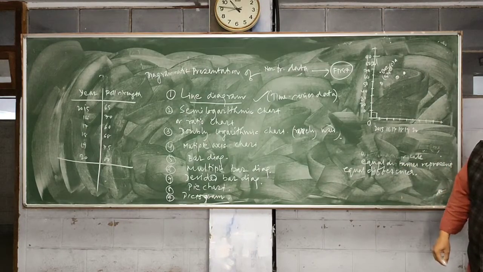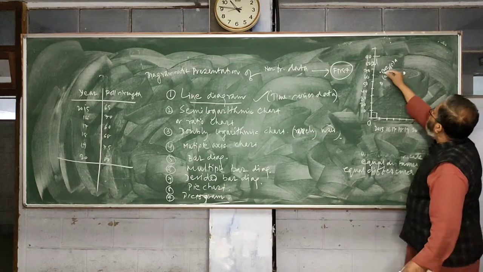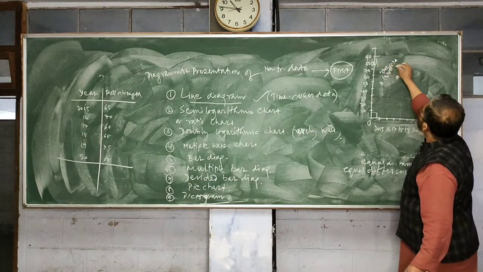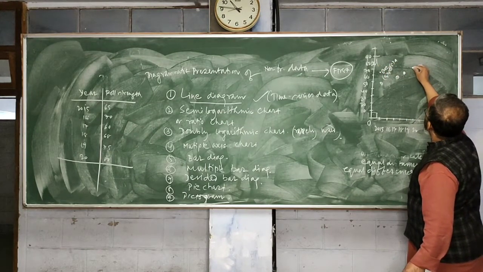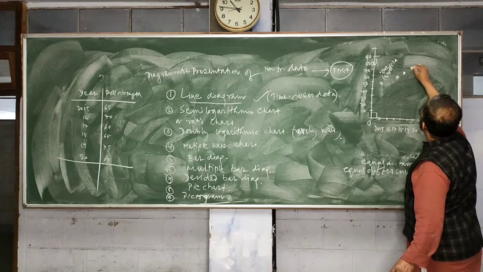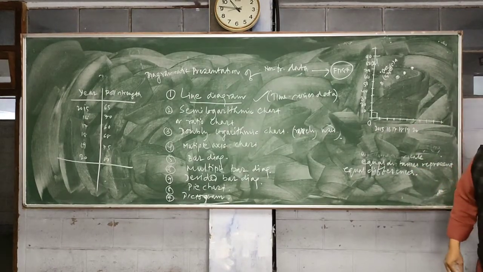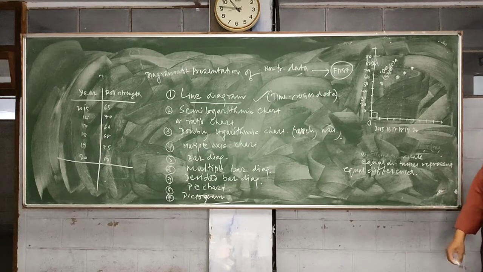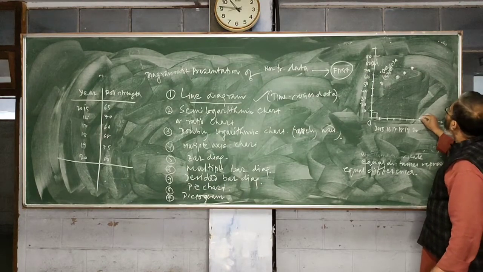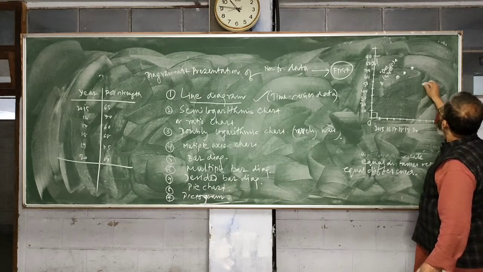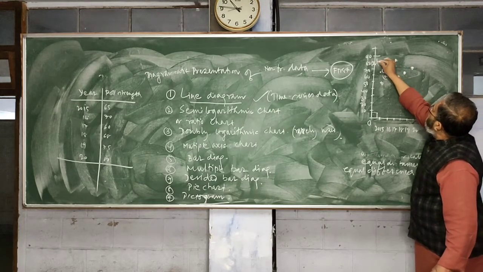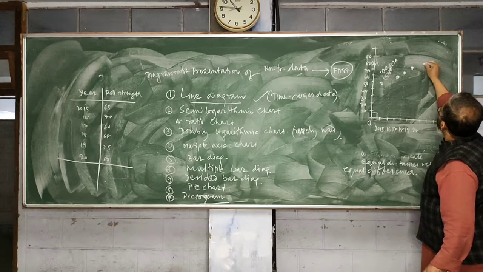Next, 75. 70, 75 in between, somewhere here. Then which year? 19. What is the data? 19 is 75. 20, 80. 20, 80. Approximately here.